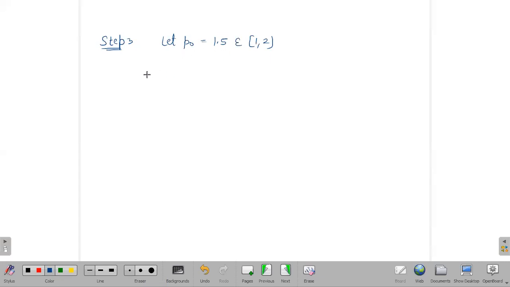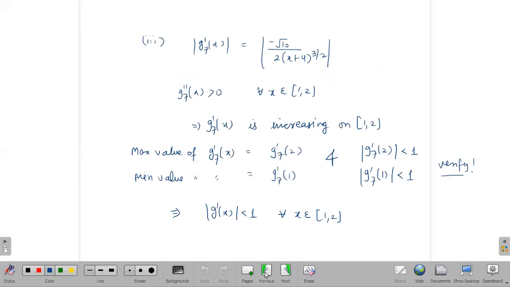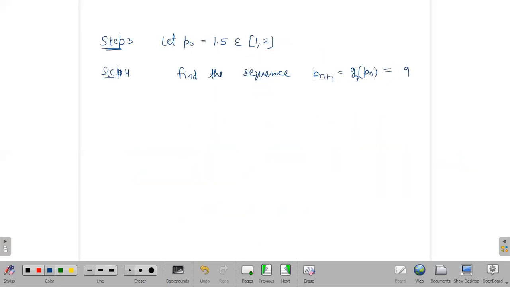So let us find the sequence. That is nothing but p n plus 1 is equal to g of p n. You can write it as g of x also.